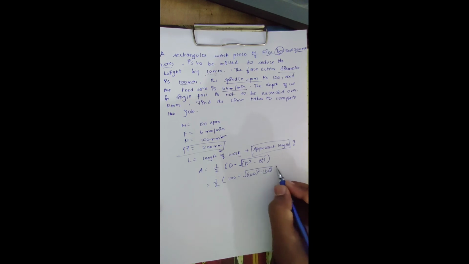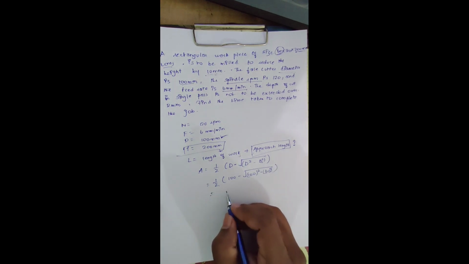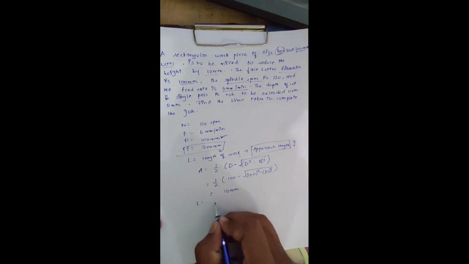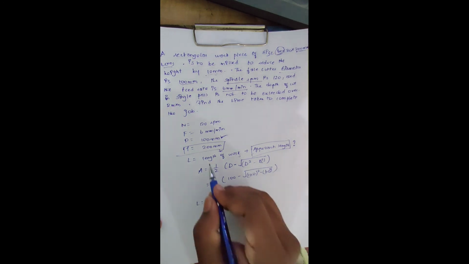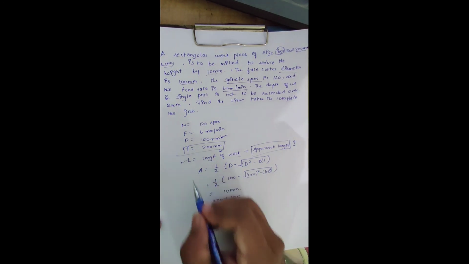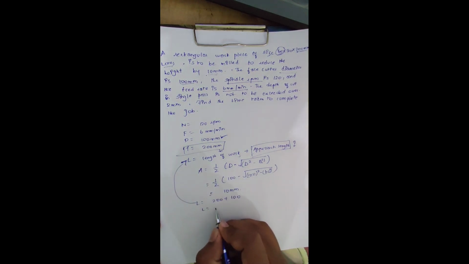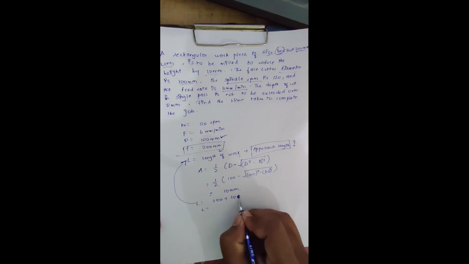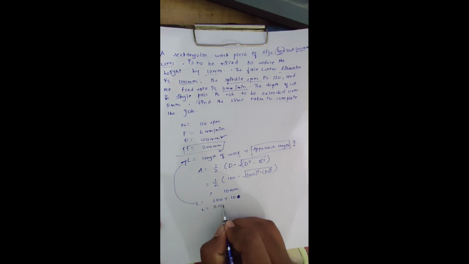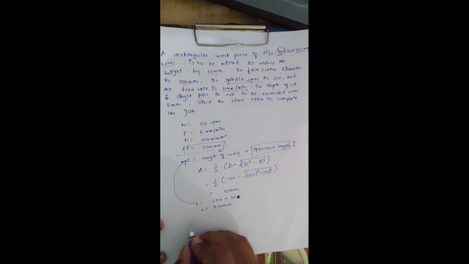When you calculate, it comes to 10 mm. So the length is 200 plus 10, that is 210 mm. Now we have to calculate the time.